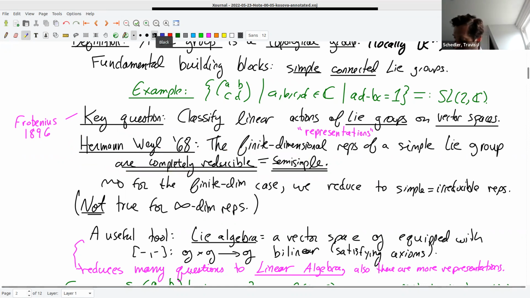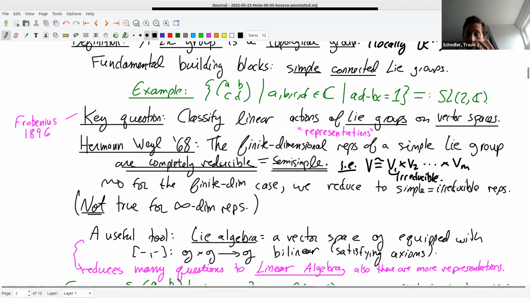Since this is a colloquium, I'll just say it means that such a representation, such a linear action, can be written as a product of some smaller vector spaces such that each of these cannot be further decomposed. These are what are called irreducible. There's no smaller non-zero linear subspace that's preserved by the symmetries.